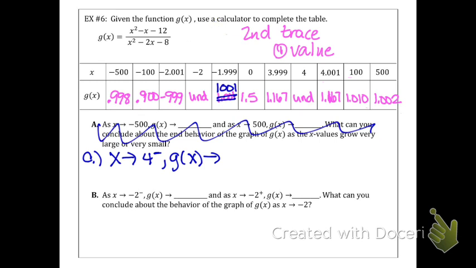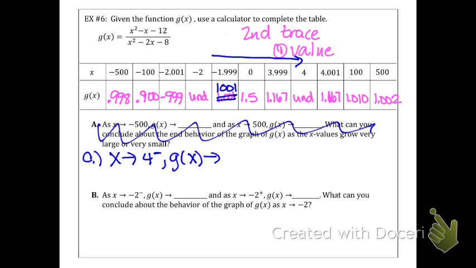As we approach 4 from the left, so that's going to be from this side, notice we're at 1.001, we're at 1.5, we're at 1.167. Okay, so that was a little iffy. Let's look at the other side.